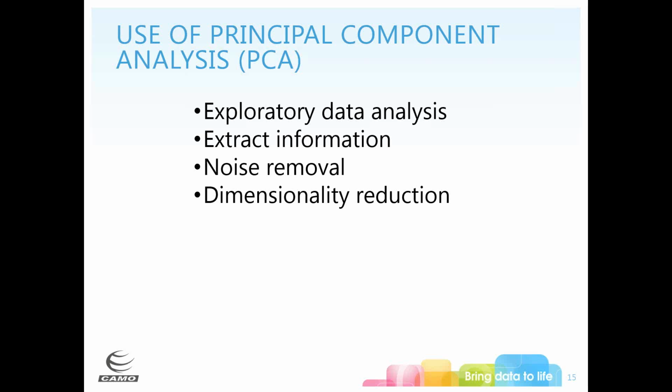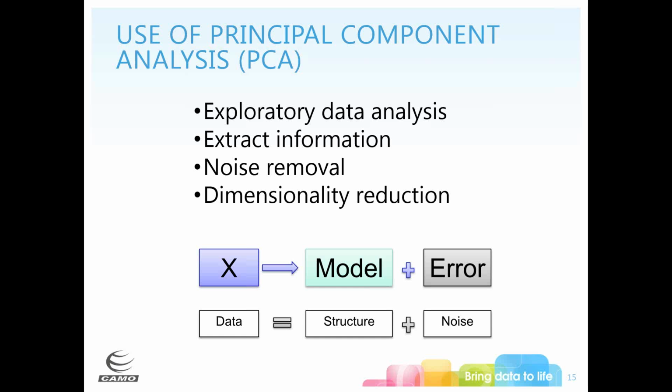You want to reduce that noise, pull the information out that's important to you, as well as dimensionality reduction. I'm going to use the example of spectroscopy again. You've got hundreds of wavelengths that you're looking at, and that's very difficult to visualize and wrap your brain around this multi-hundred dimensional space. But in principal components analysis, we often can bring that down to, say, 2 or 3 dimensions, and it makes it a lot easier to interpret.